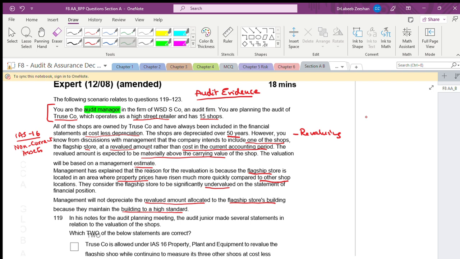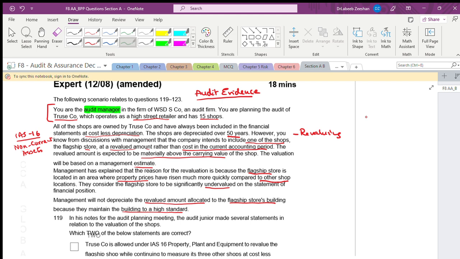Whenever we are revaluing the asset, we have to depreciate based on the current value. We cannot say that I will not depreciate on the revalued amount. When you are revaluing, it applies to all the assets. It is a blanket rule that we have to have a uniform policy.